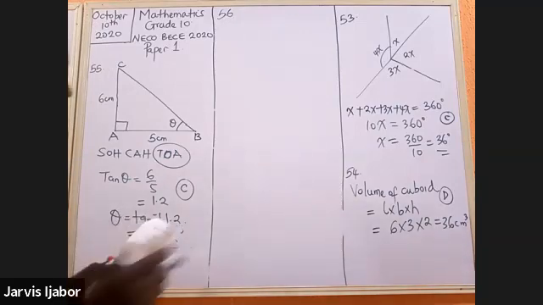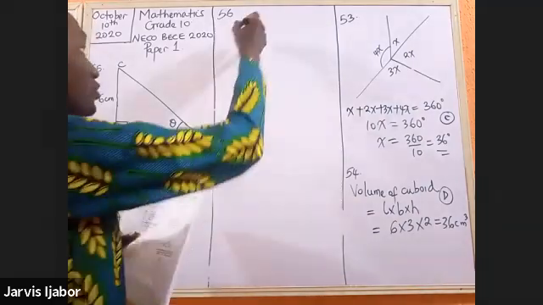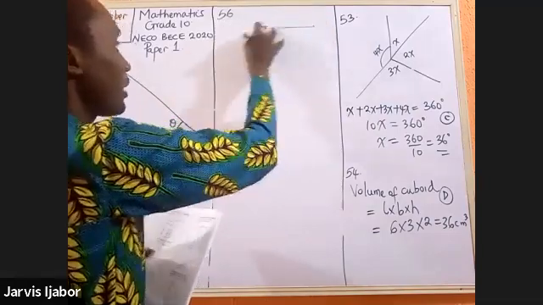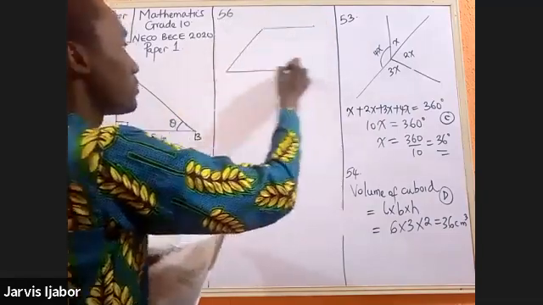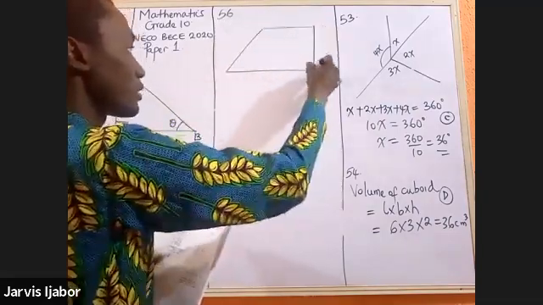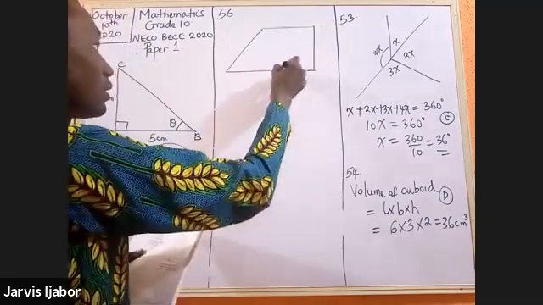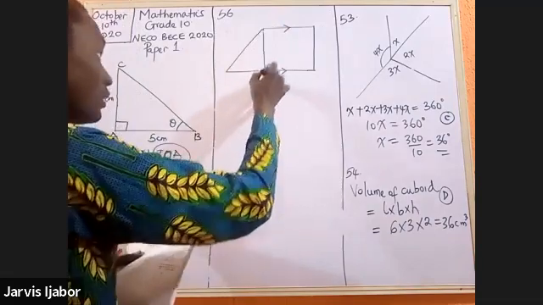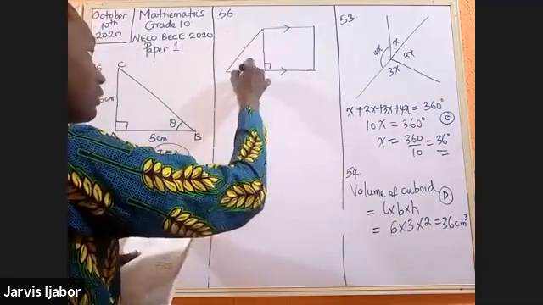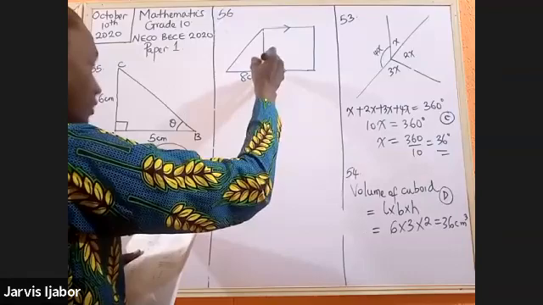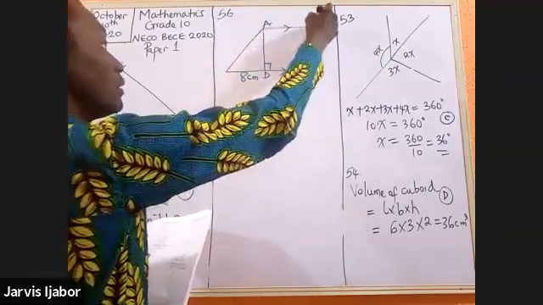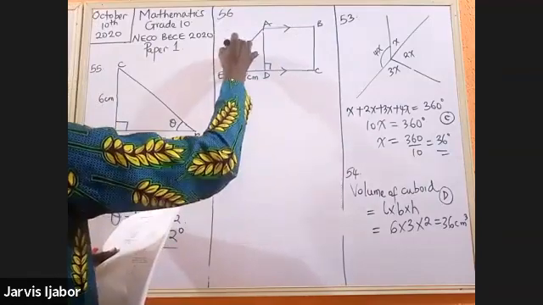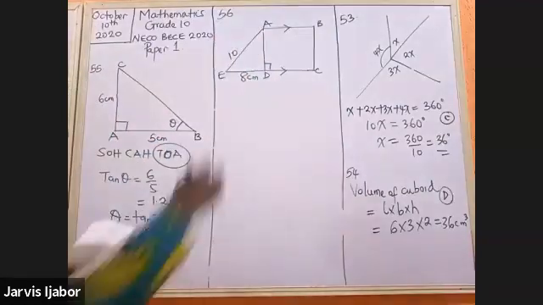In question 56, we are told to find the area of a trapezium. The figure is given, and we are told to look for the area of the trapezium. This is the figure given to us.